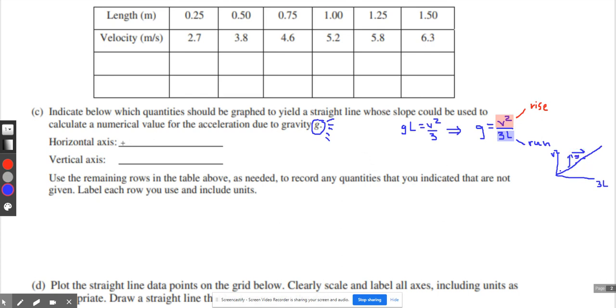So my horizontal axis needs to be 3L, and my vertical axis needs to be v squared.